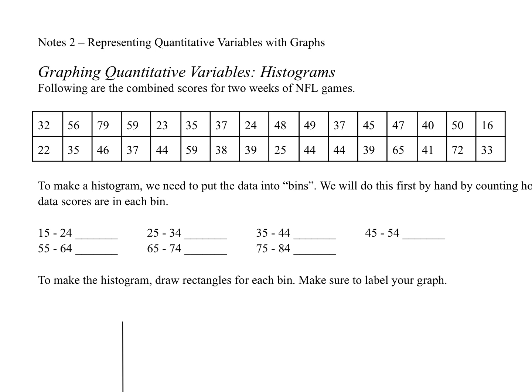As you're going through your data, it's a good idea to mark a number once you've counted it so you make sure you have included all of your numbers. I've gone through and done this already.